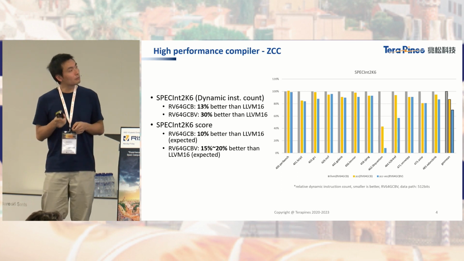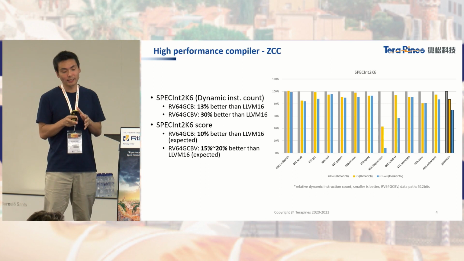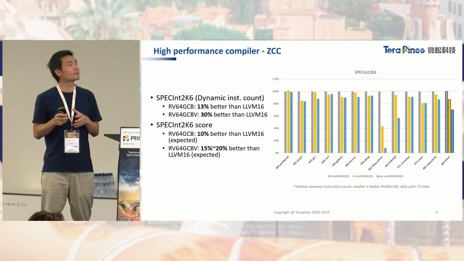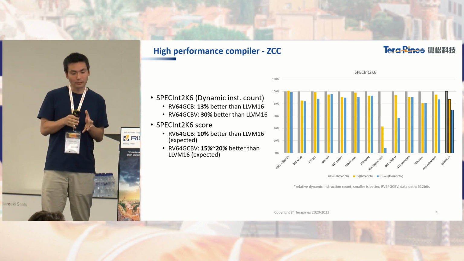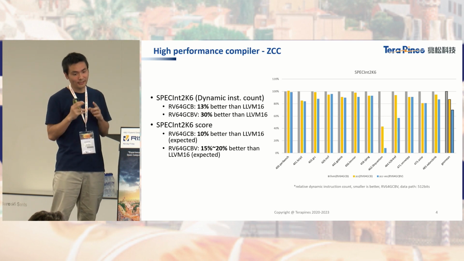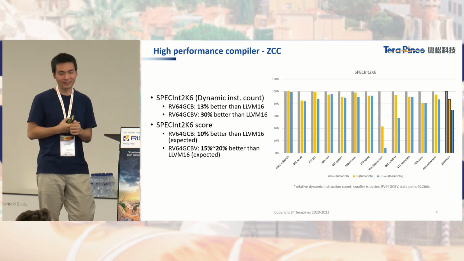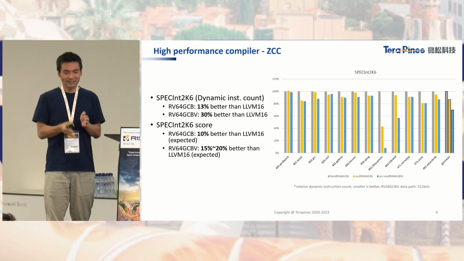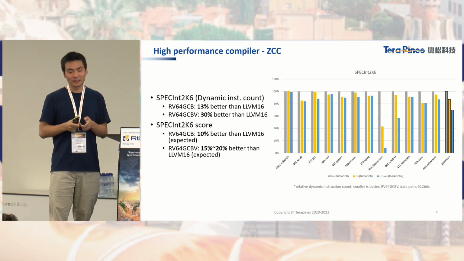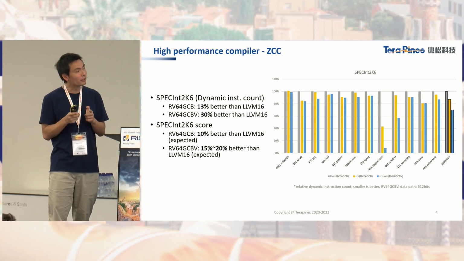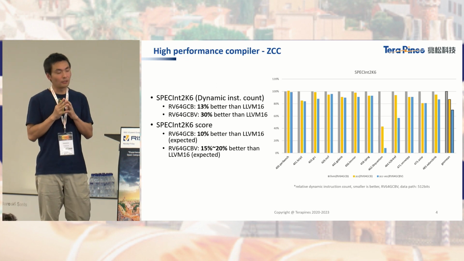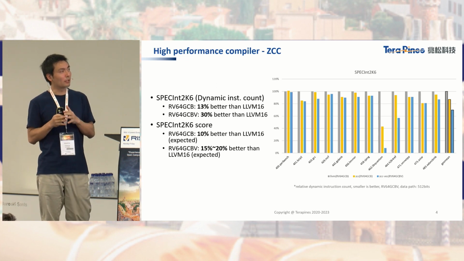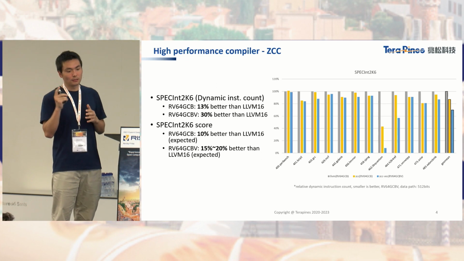The yellow bar is built with ZCC for RV64GCB, and the blue is built with ZCC for RV64GCB-V, which has auto-vectorization enabled.